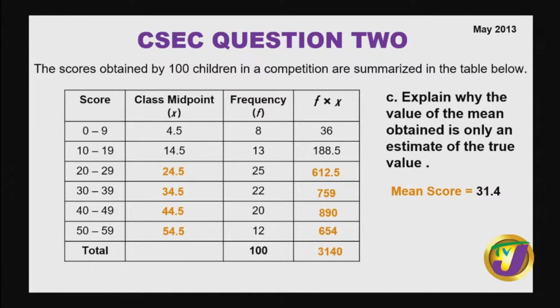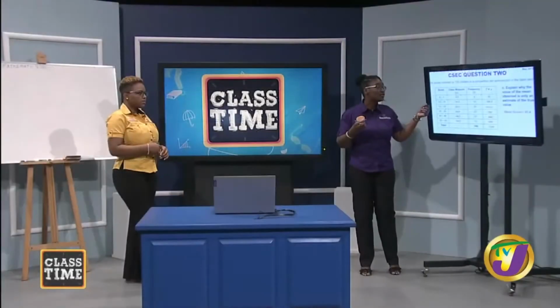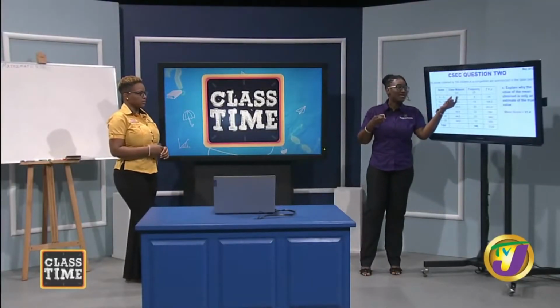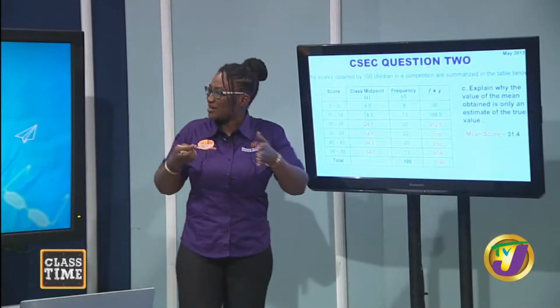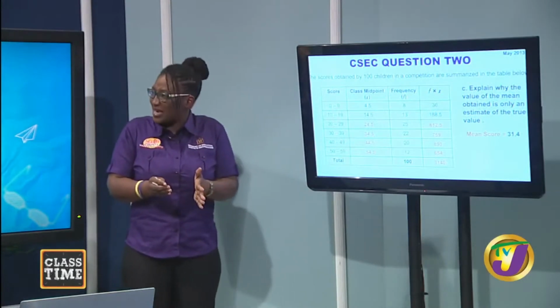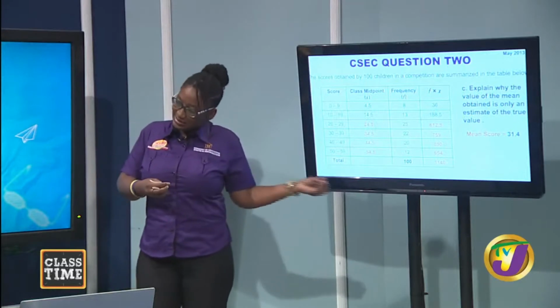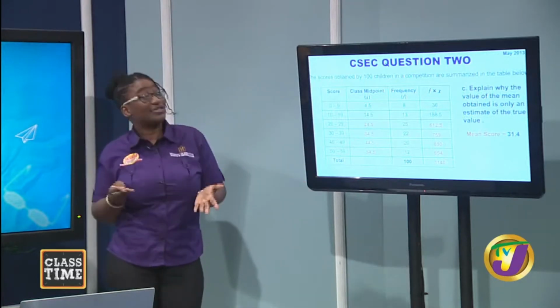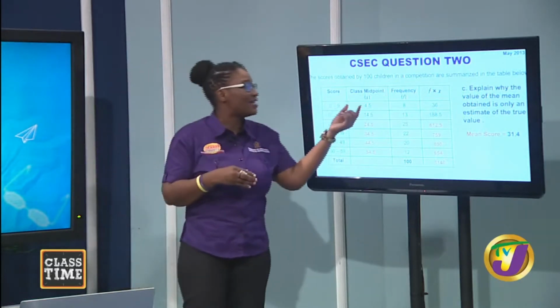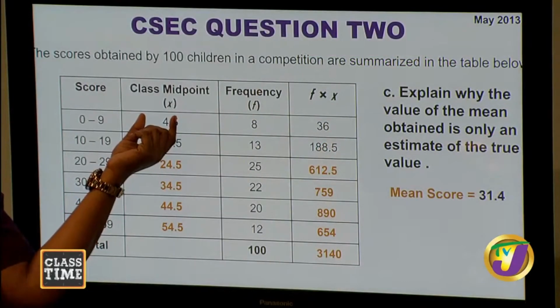Or 0. We're really not sure. But what we have done is to estimate by using the midpoint. So we kind of put ourselves in the middle to play it safe. We might have some greater than, some less than, or some right on the ball. So we have taken an estimate of the score.